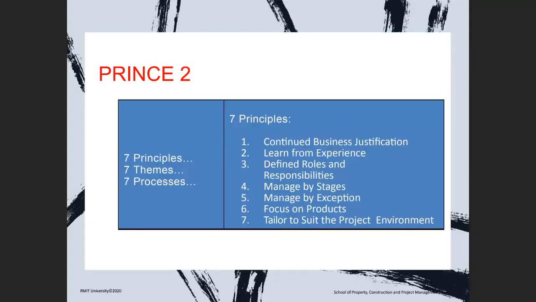And there is also what we call the 7 principles. So the 7 principles are the underlying justifications or principles on why we undertake projects. You have to sort of have the continued business justification. So every time that you're doing one step in the process of Prince2, you have to continue to make sure that you are following the project goals and objectives.